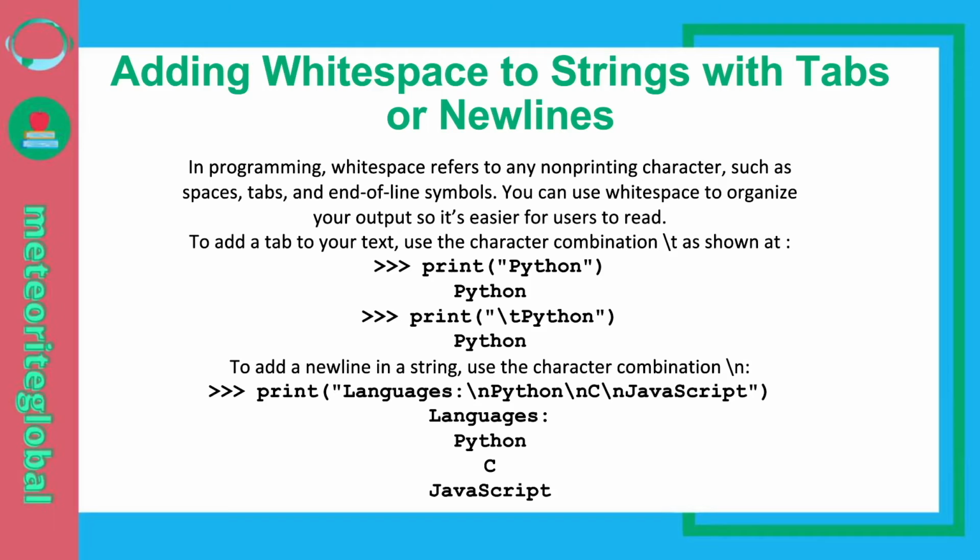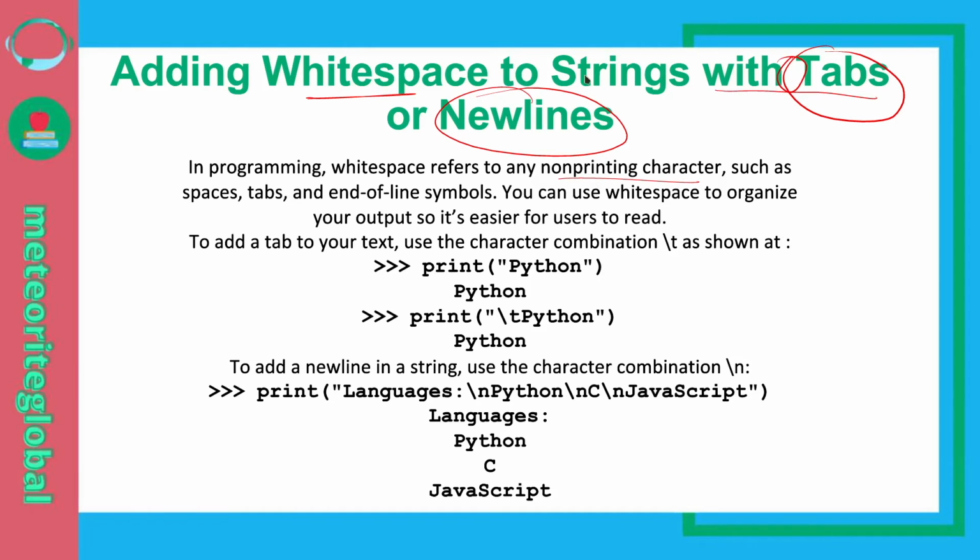So now coming to white spaces with tabs or new lines, these are the shortcuts to white spaces. Here, white space is like a non-printing character, like when you write something with tabs.